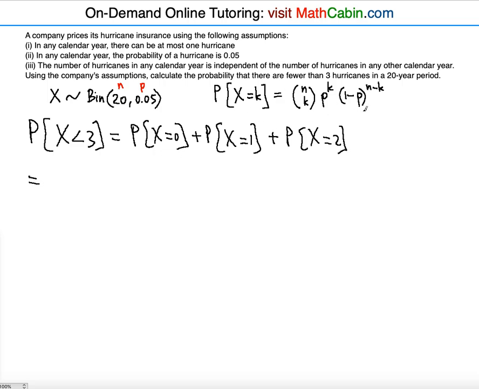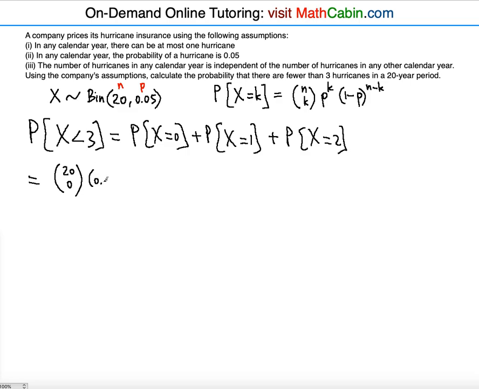Now using the probability function we can find each individual value. 0 hurricanes means that n is equal to 20 and k is equal to 0. The p value and 1 minus p will always be the same, because they're the fixed individual probabilities of a hurricane happening or not.